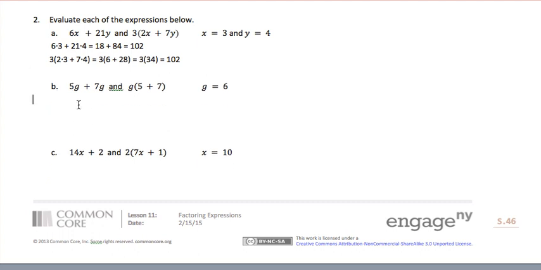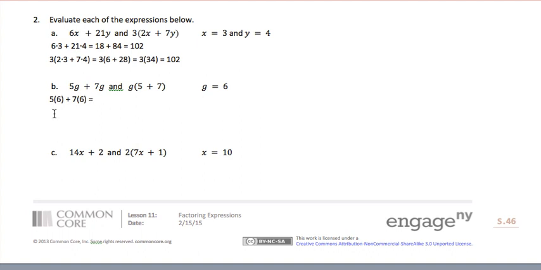We'll do the next one, 5g plus 7g, or g times 5 plus 7. So again, we're going to substitute. And we have 5 times 6. I'm just going to put these in parentheses, since I know that's multiplication. And 7 times 6.